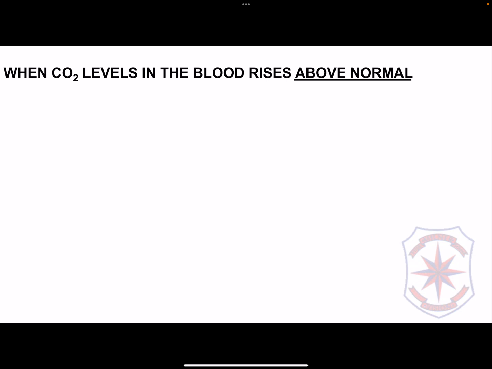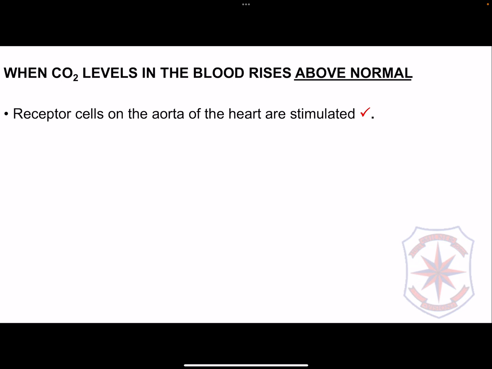You're supposed to explain this by saying receptor cells. Okay, before I go there, remember the golden rule. We must describe 4 things. The first one, you must describe which part of the body will detect, and then which part of the body will react.